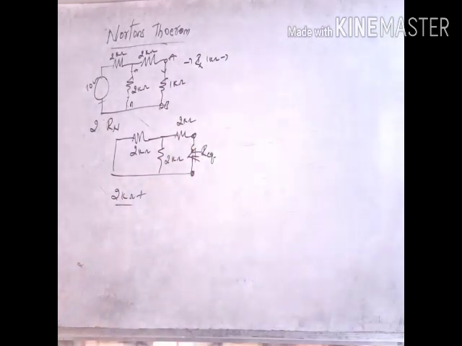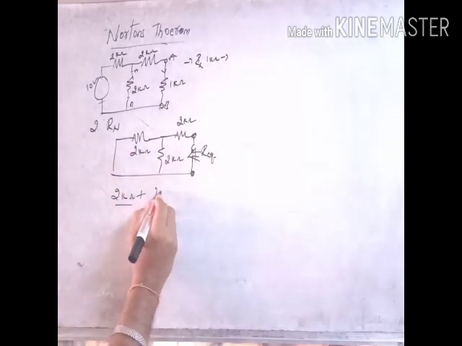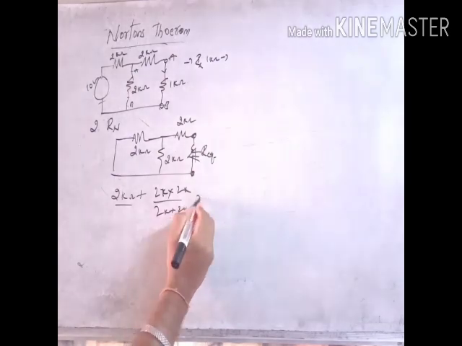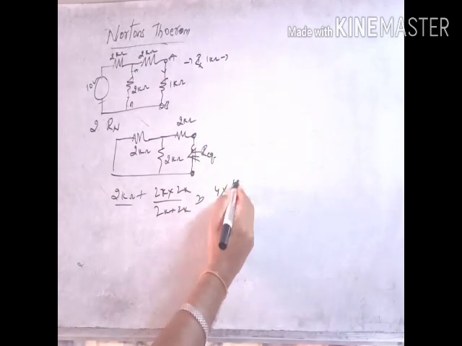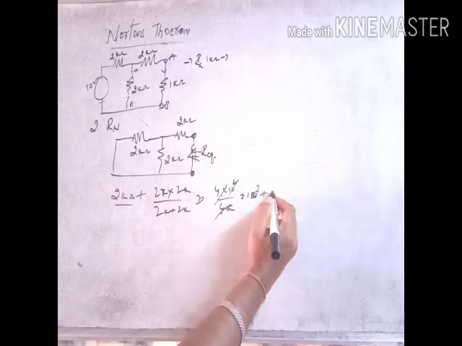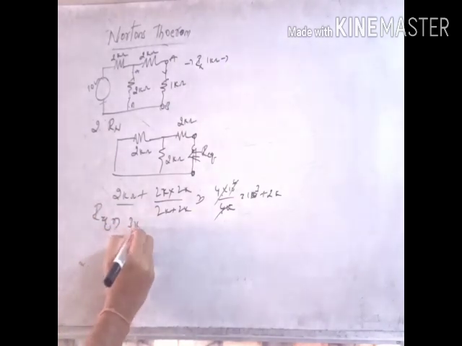I have taken 2 kilo ohm as the series resistance, and these two are in parallel: 2k into 2k by 2k plus 2k, that is 4 into 10 to the power of 6 by 4k, that is 1k, plus 2k. So R equivalent equals 3 kilo ohms.